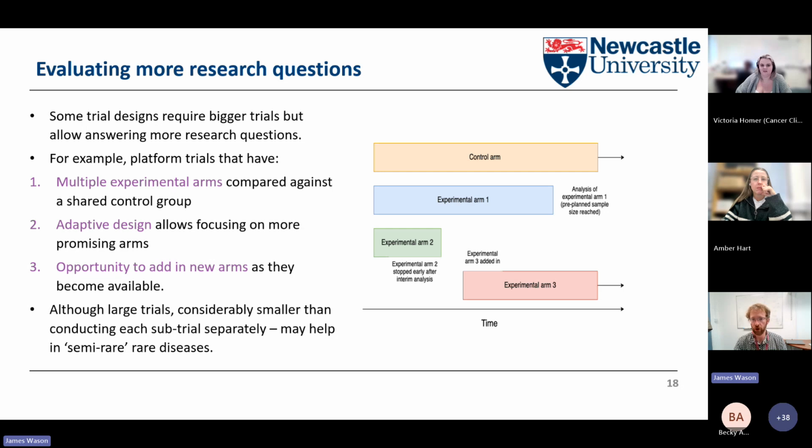So although platform trials are going to be considerably larger than normal 2-arm randomized controlled trials, they'll be a lot smaller and more efficient than if we were to run separate 2-arm trials to answer each research question that we have. So it's worth considering, if it's a semi-rare condition and there's the prospect for national and international collaboration, whether a platform trial approach might be better than everyone running their own trials.